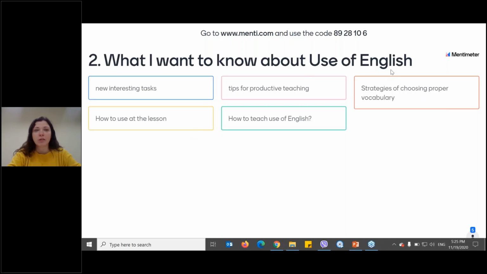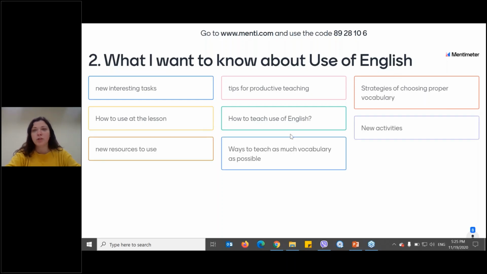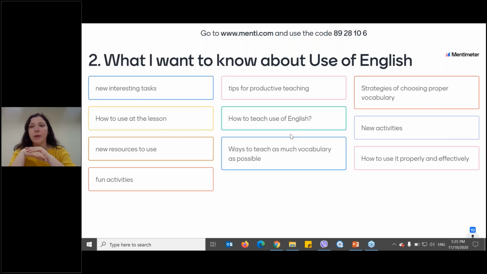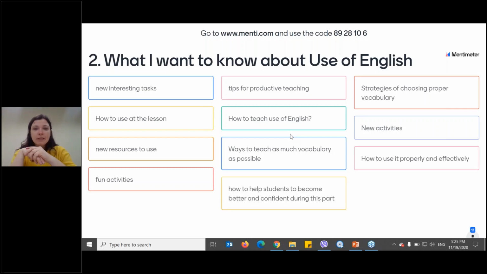Word formation. Text with gaps. How to teach, new activities, new resources to use, ways to teach as much vocabulary as possible, how to use it properly and effectively, fun activities, how to help students to become better and confident during this part.